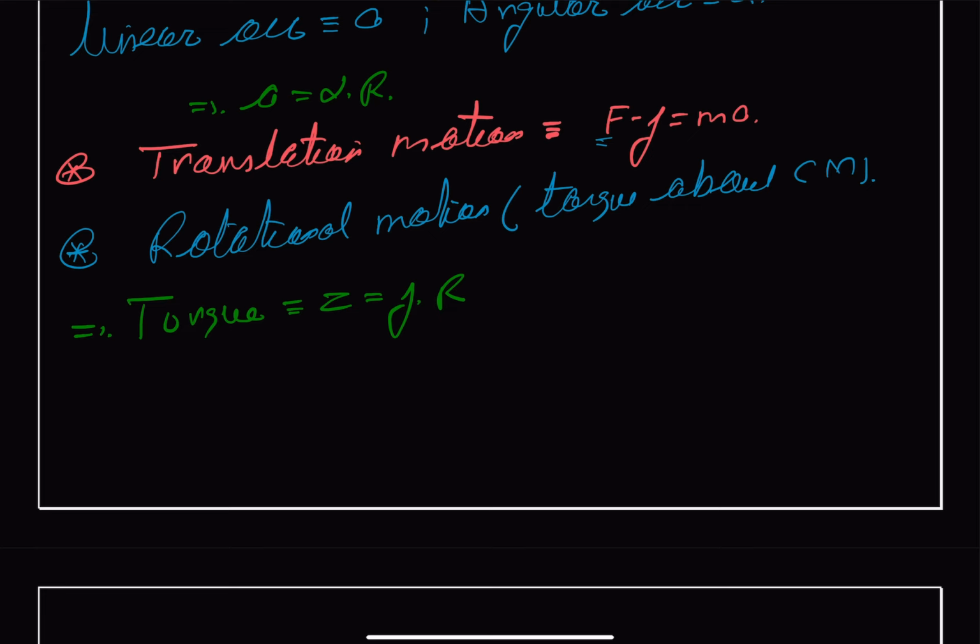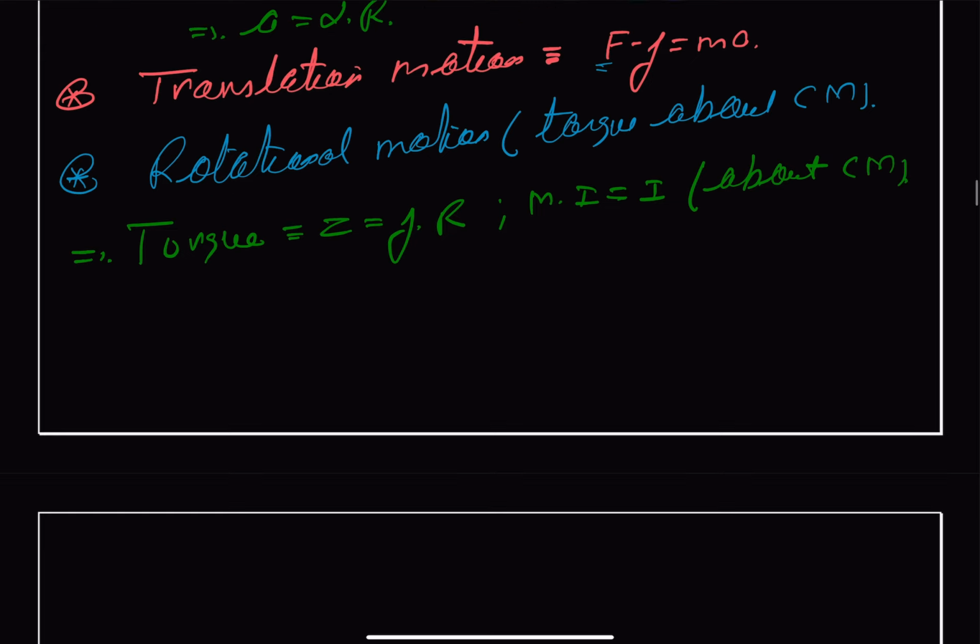And there will be the moment of inertia, which is our I, about the center of mass and axis perpendicular to the plane. We can write that our tau will be equal to I multiplied by alpha.